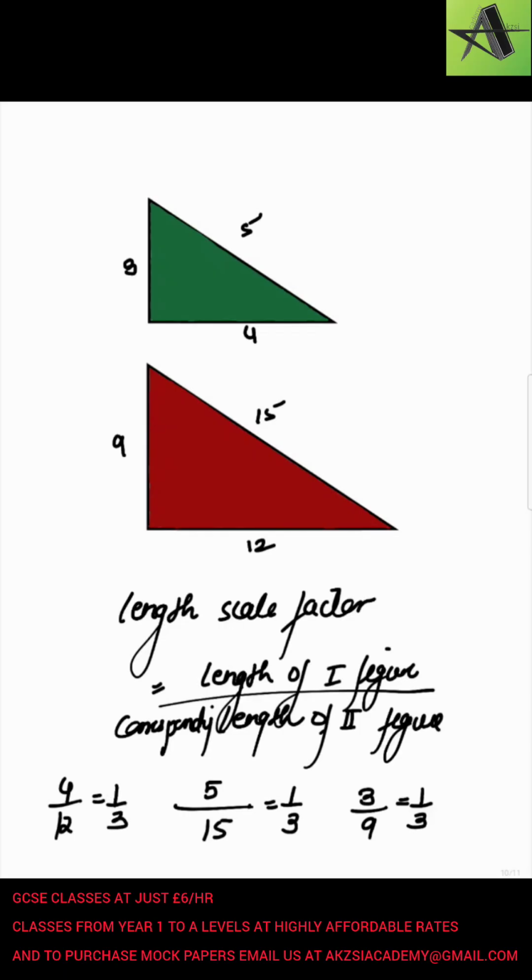So they all bear the same ratio, hence they are similar figures. And this is called the length scale factor. So in this case, 1/3 is the length scale factor. I can say that the green triangle is 1/3 the red triangle. Now let me see one question and see how we can apply this concept.